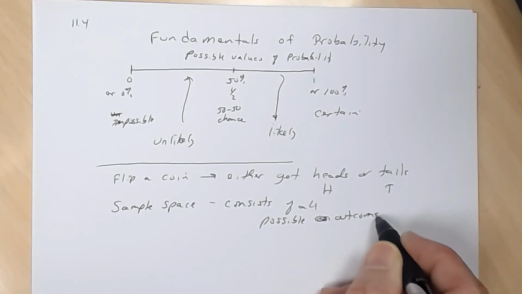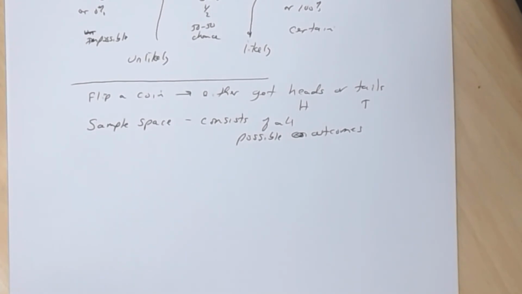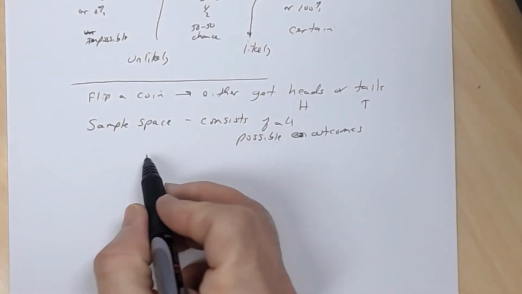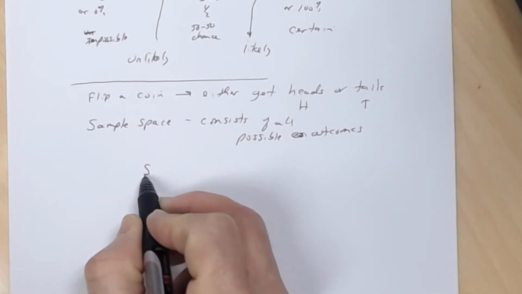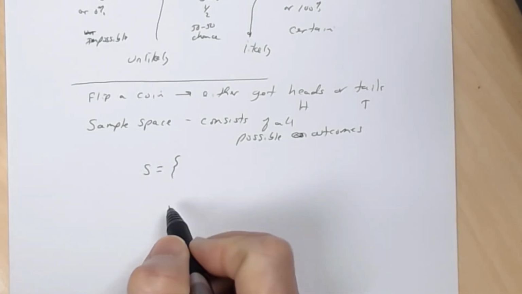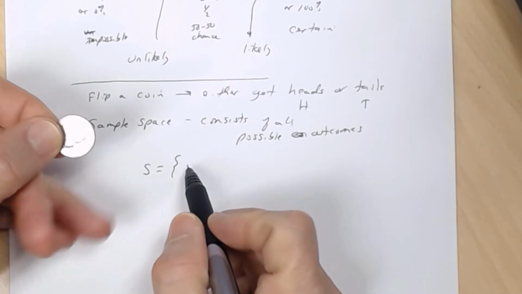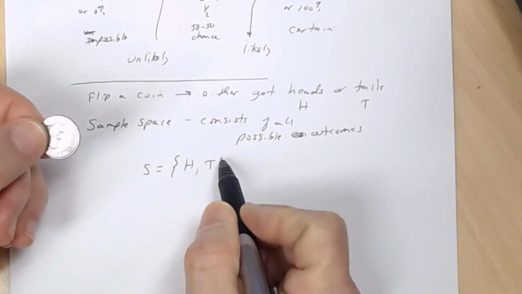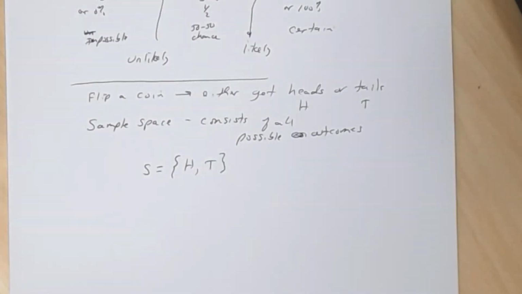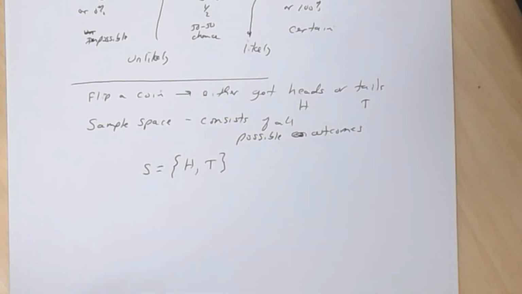Here's how we denote it: we denote sample space with a capital S, and it consists of a set. In this case, when I flip a coin, I either get heads or tails. So the sample space for flipping a coin consists of heads and tails.